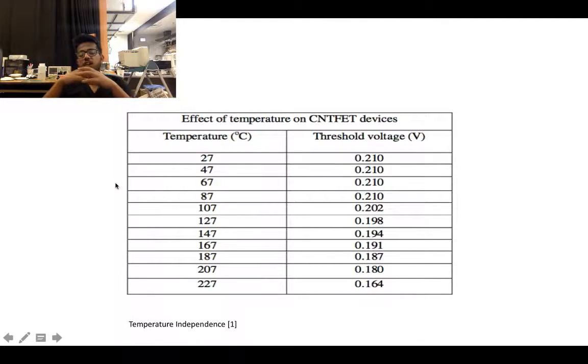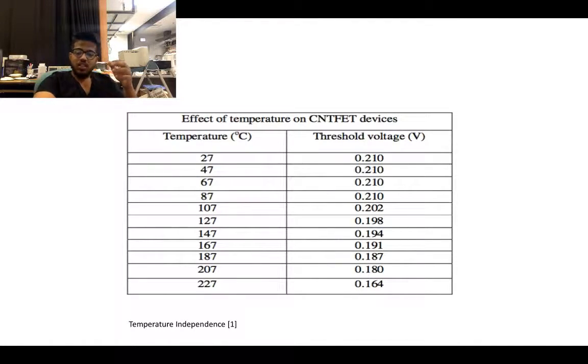We also have an added advantage: these carbon nanotube based FETs have a threshold voltage which does not change with increase in room temperature, or increase in temperature of the device or of the whole chip itself. When you jam pack so many devices on a chip, you tend to produce a lot of heat.